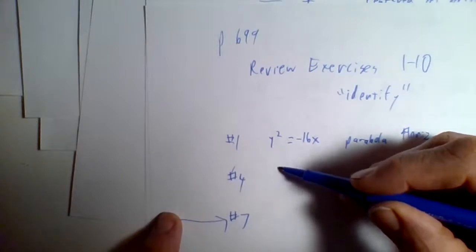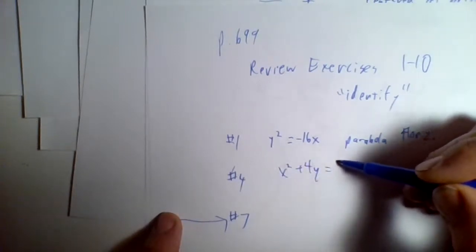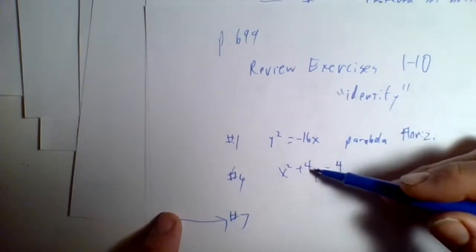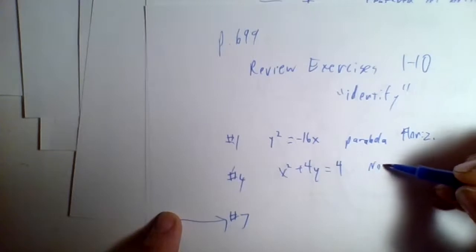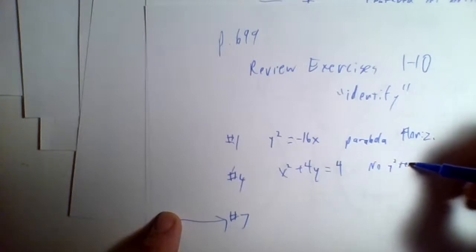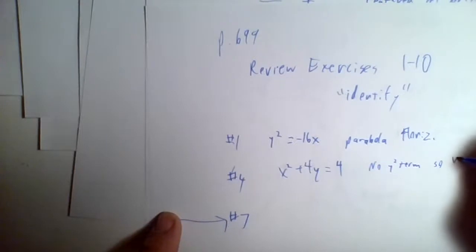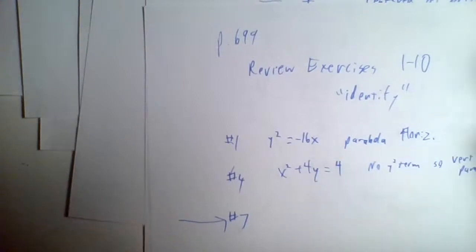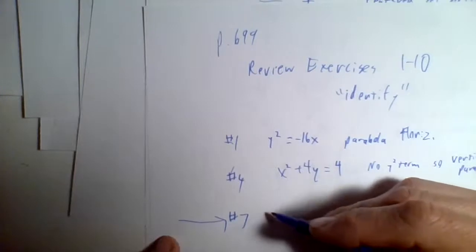Number 4, x squared plus 4y equals 4. In this one, there's no y squared term. So this is just like a y equals x squared thing. This is a vertical parabola. You can solve for y in that and get a simple parabola there. So vertical parabola.